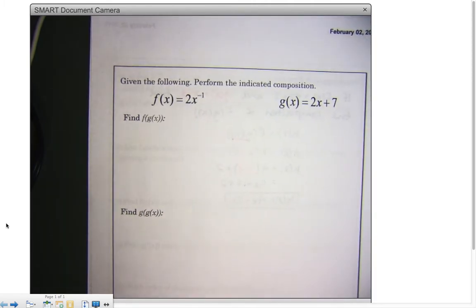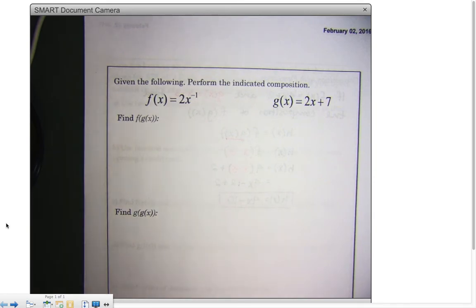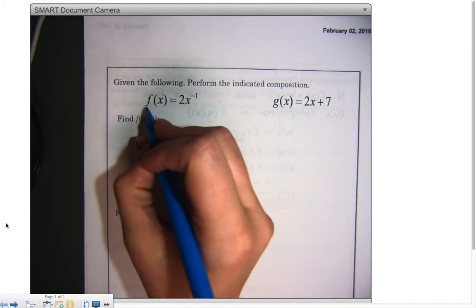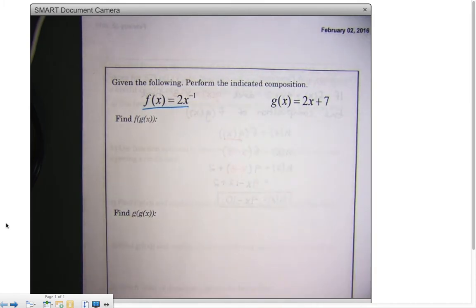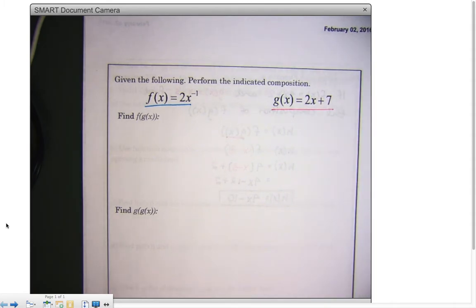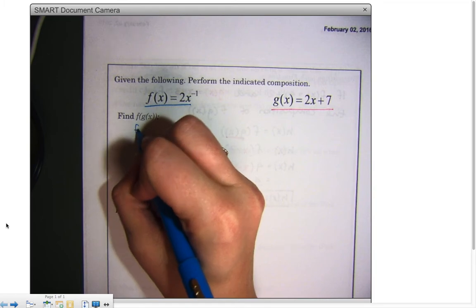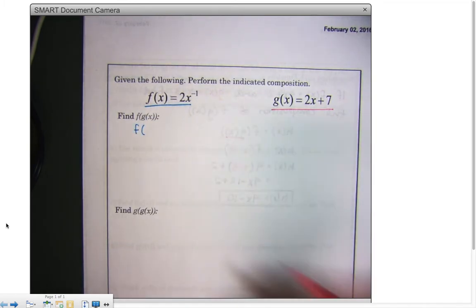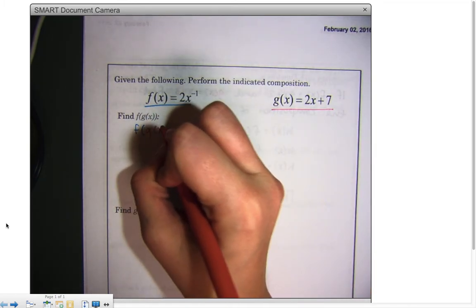Let's try one more of those. Given f of x is 2x to the negative first power and g of x is 2x plus 7, let's find f of g of x. I'm going to try it with different colors. So I'm going to do f of x as my blue function and g of x as my red function. So let's say I'm going to do f of g of x.